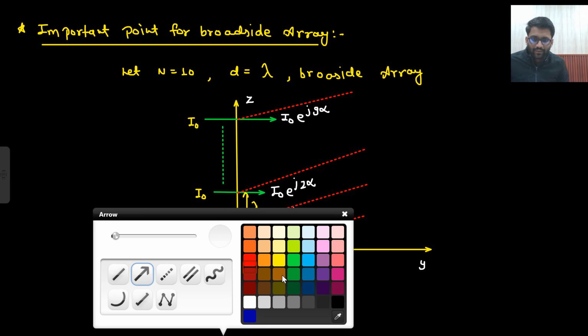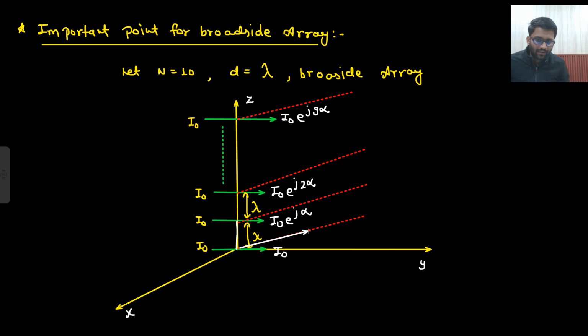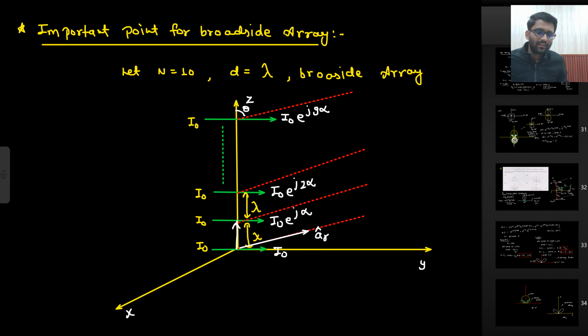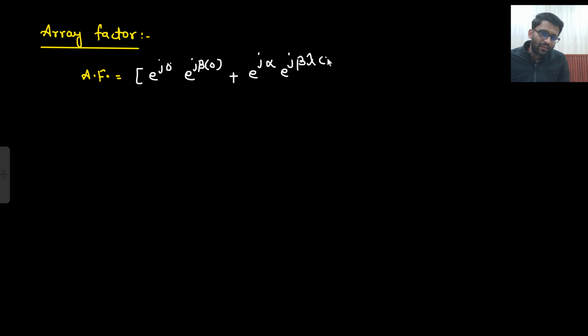I did not show the AR vector here. This is my AR vector. What is the angle? The angle is theta. So what you are getting is beta lambda cos theta. So beta into lambda cos theta, because the angle is theta, plus e to the power j.